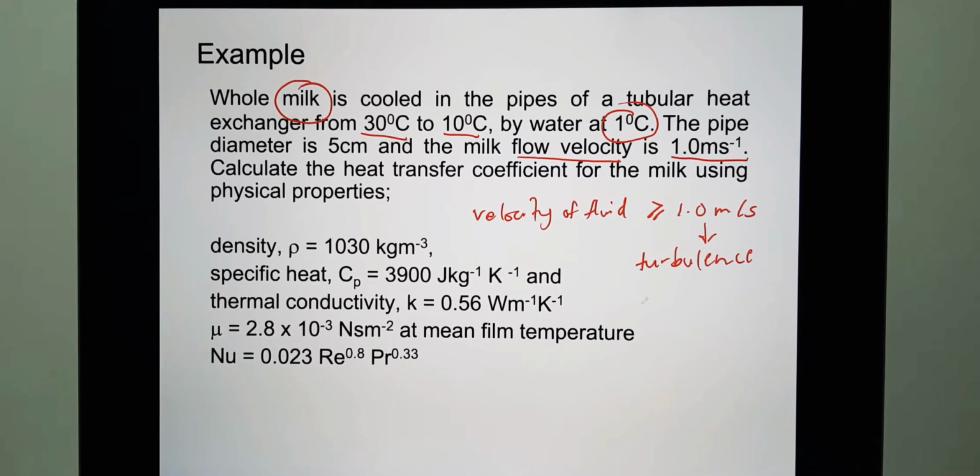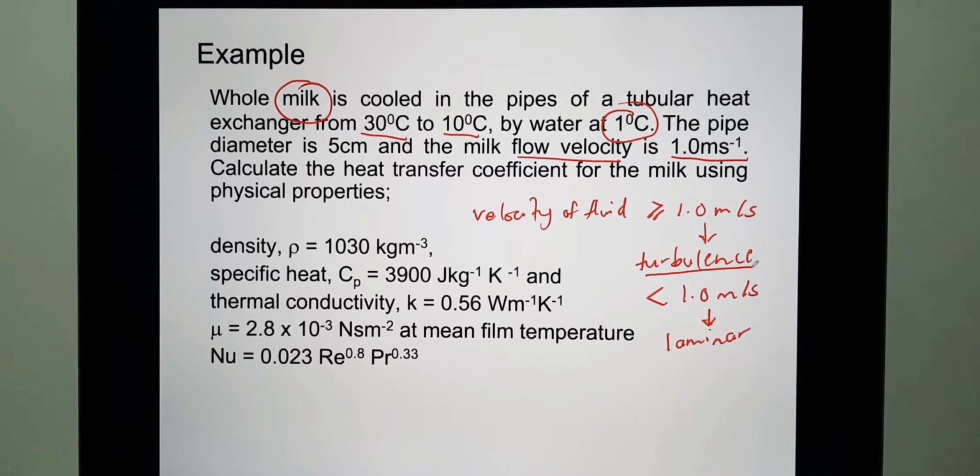And if the velocity of fluid is less than 1.0 meter per second, then we can categorize the flow as laminar flow. So in this case, for this particular example, the velocity of the milk is 1 meter per second, meaning that this flow has been categorized into turbulence flow.